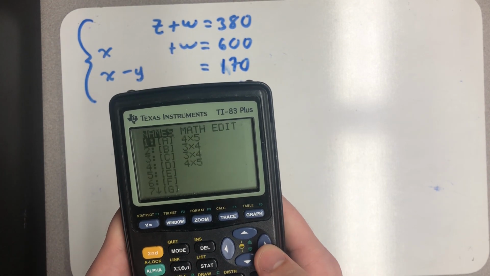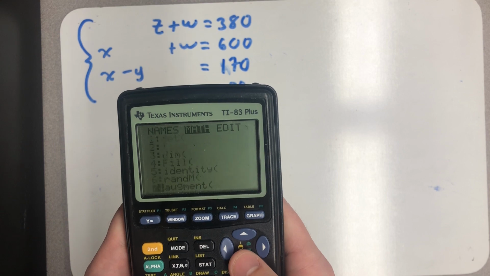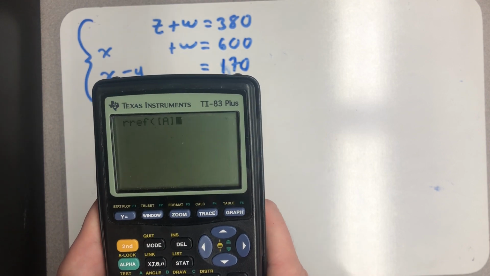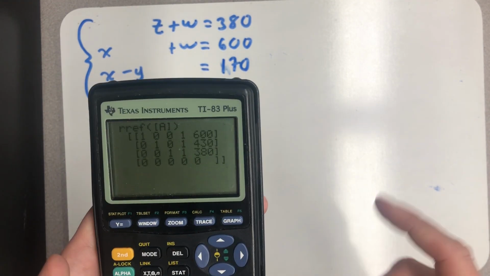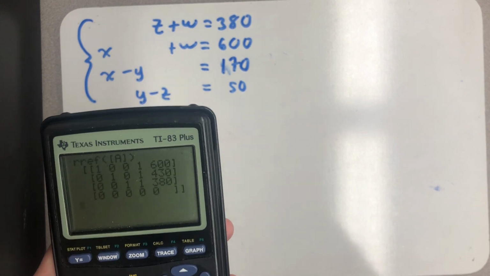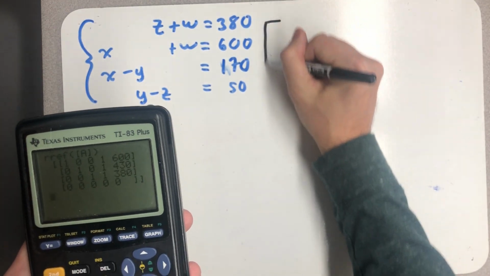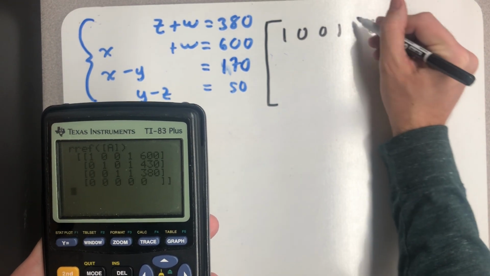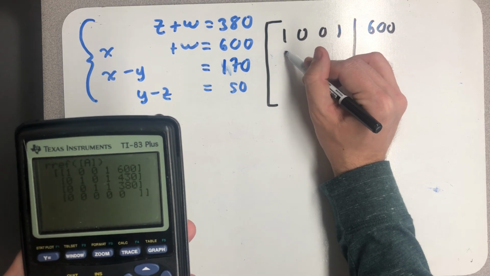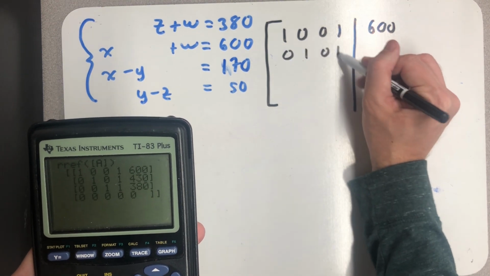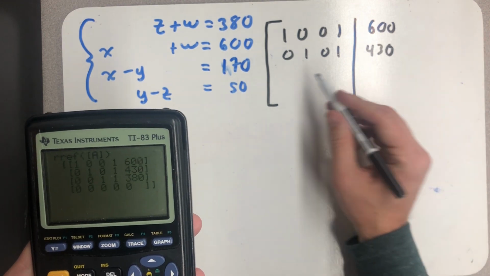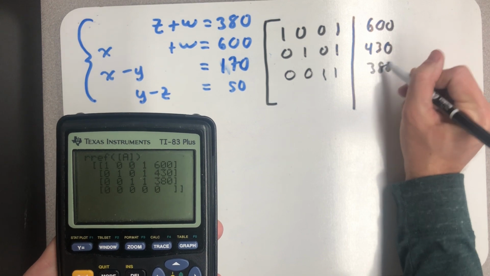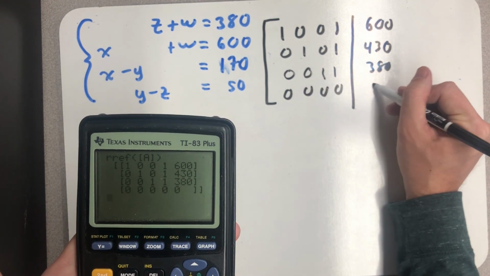Second matrix, math, go down to RREF, row reduced echelon form, and I was working in matrix A. And so let me write down this augmented matrix, because it's not what we actually wanted. It's not in row reduced echelon form. Down here I have a row of all zeros.